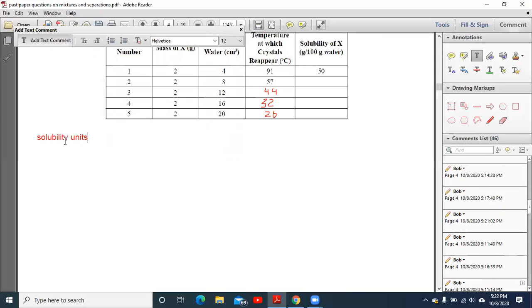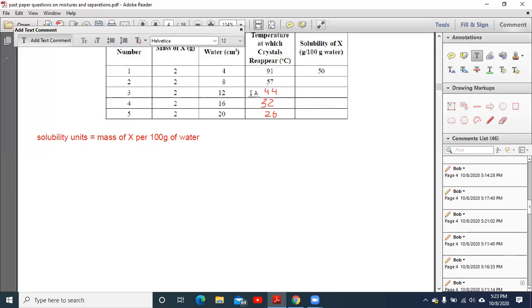Units is equal to your mass of X per 100 grams of water, right?